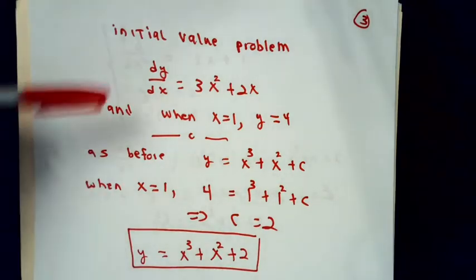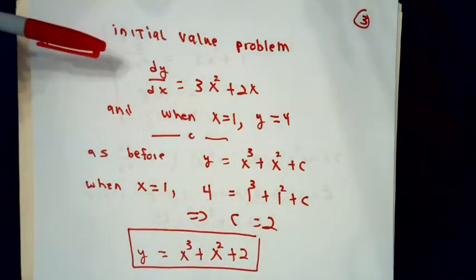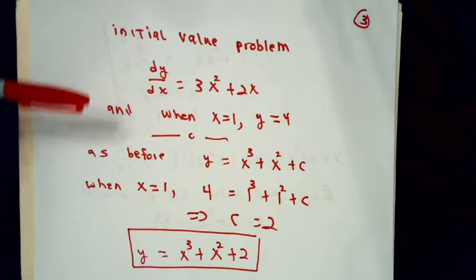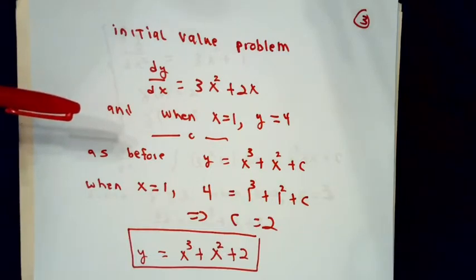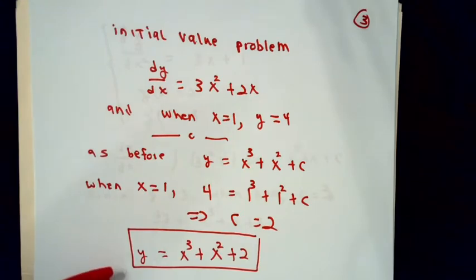For this problem, dy/dx equals 3x squared plus 2x, and the additional initial condition that when x is 1, y is 4, you can state that the solution of interest is y equals x cubed plus x squared plus 2.